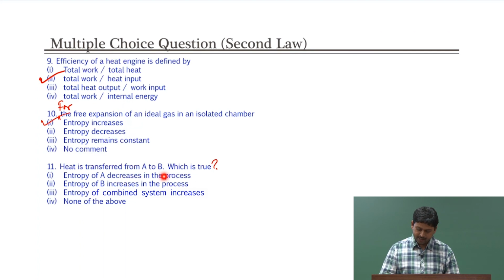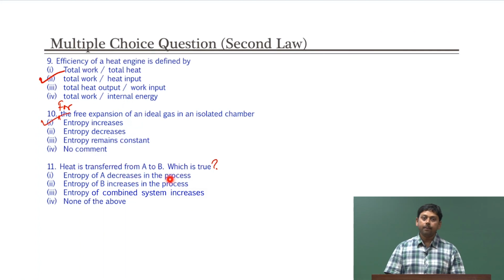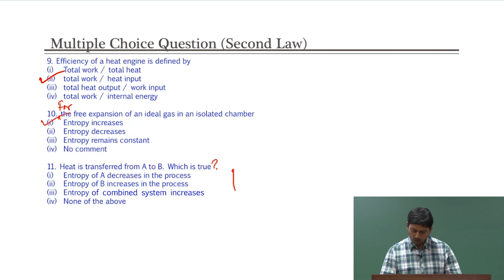Entropy of A decreases in the process. This is a good question, because this question typically tells you that a sub part of a combined system A and B may lose entropy. However, overall there will be an increase in entropy. For example, we will talk about A and we will talk about B. Now, heat is transferred from A to B. What happens in this process is that A is losing heat.